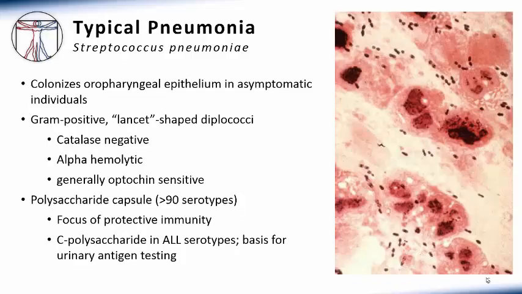However, there is another polysaccharide called the C polysaccharide that's present in all serotypes, and it is the basis for a very sensitive and specific urinary test for the diagnosis of invasive disseminated pneumococcal disease. In the past several decades, there's been increasing antibiotic resistance among Strep pneumoniae, and this is very important in treatment considerations.